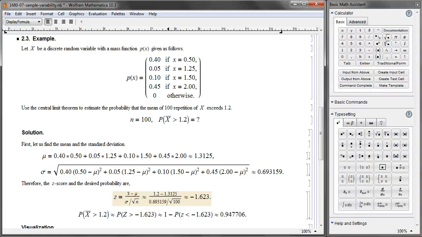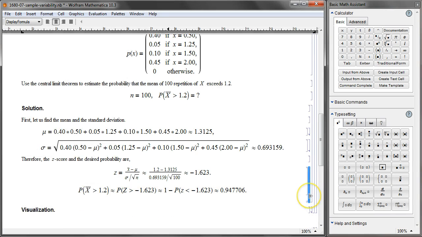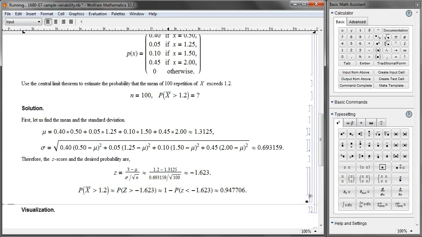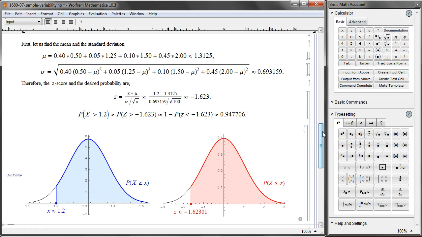And that's when you conclude that the probability you're looking for, the probability that the mean exceeds 1.2, is equivalent to the probability that standard normal exceeds negative 1.623, and that corresponds to this kind of normal picture.